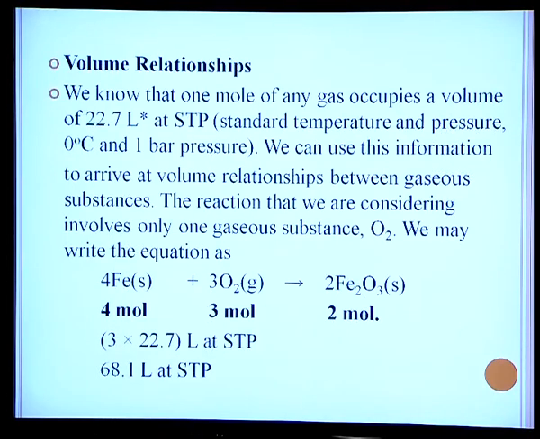The reaction that we are considering involves only one gaseous substance, that is O2. We may write the equation as 4 mole of Fe, 3 moles of O2 to give 2 mole of Fe2O3, where 3 into 22.7 liter at STP is 68.1 liter at STP.